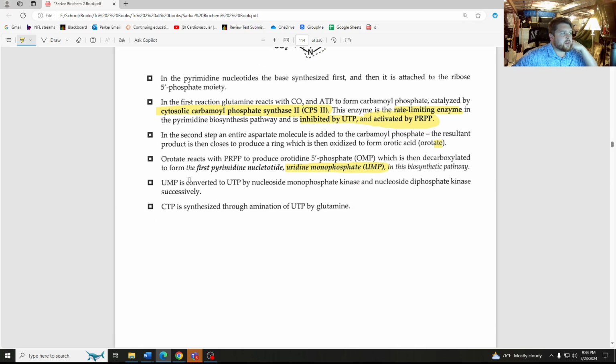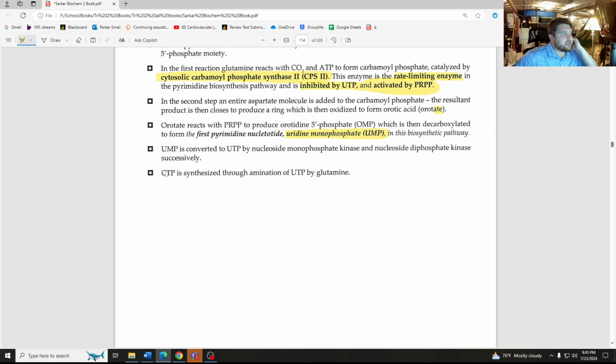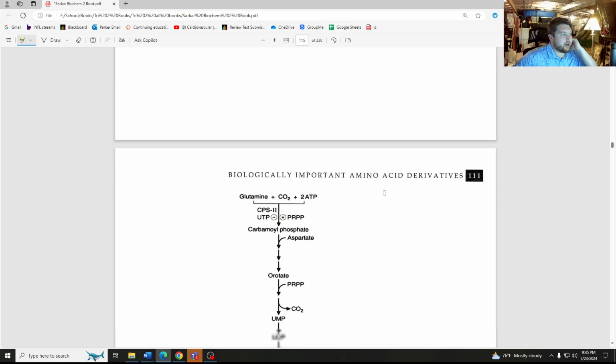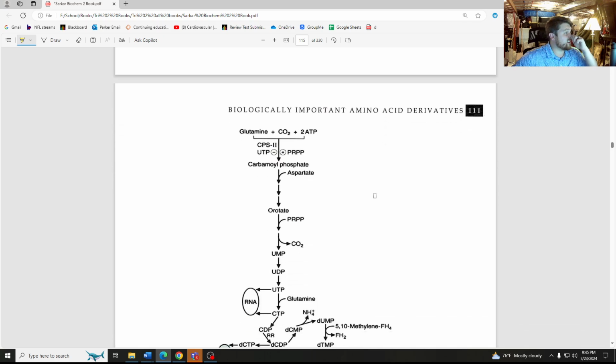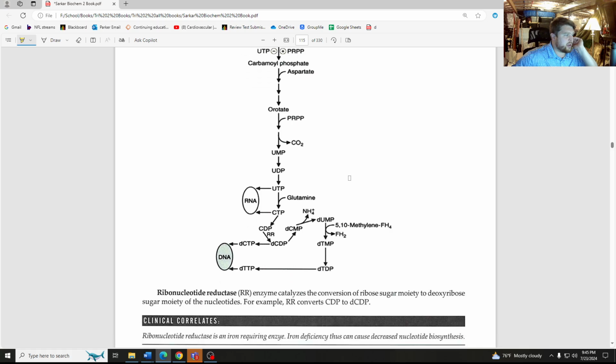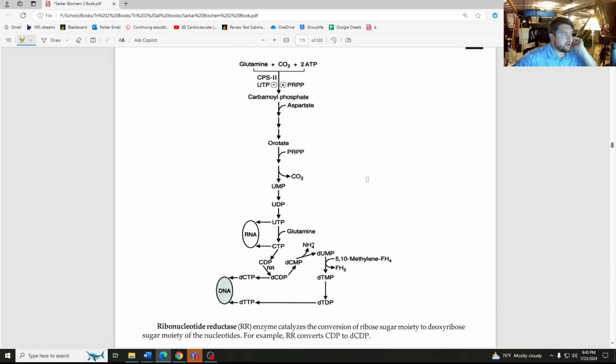Then UMP is converted to UTP by nucleoside monophosphate kinase and nucleoside diphosphate kinase successively. And then CTP is synthesized through amination of UTP by glutamine. So this is like the whole process. Again, if you can remember the whole thing, great. If not, make sure you remember what is going into it.